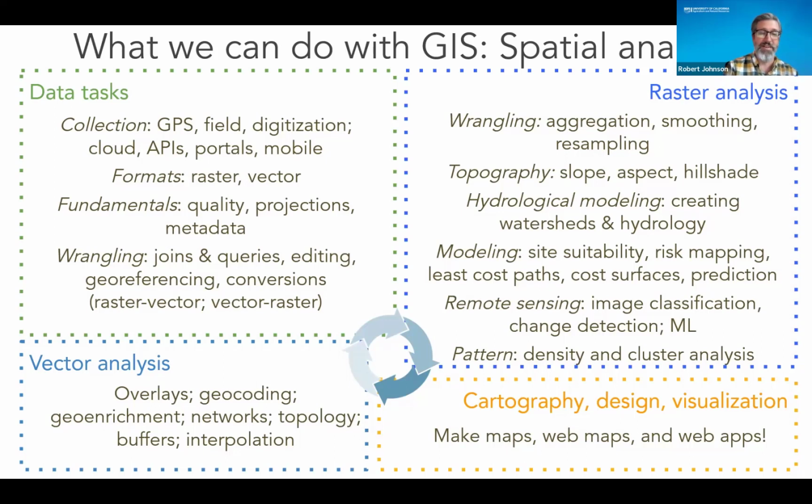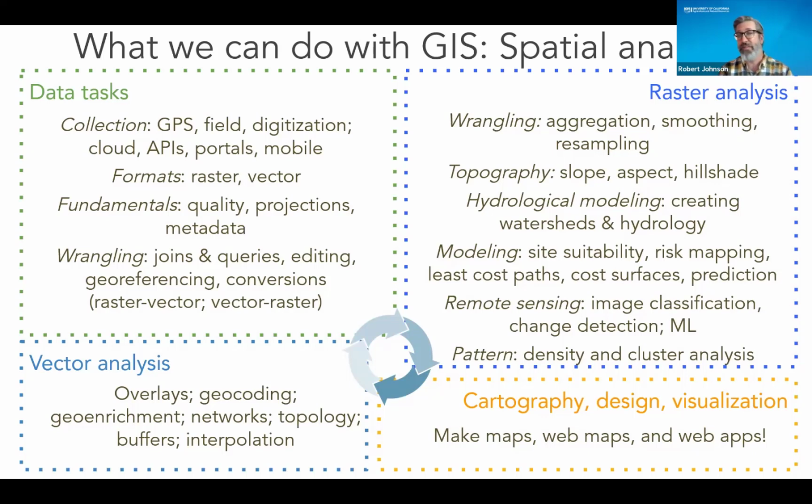And you can do a lot of different stuff once you have it in. For vector analysis, you can do some overlaying and geocoding. You can geo-enrich features, which is essentially taking your data and joining new data to it, to either answer some sort of question or show something that you want to show at a different scale. In terms of rasters, there's a number of different analyses you can do. You can aggregate and smooth data. You can do topography with elevation data.